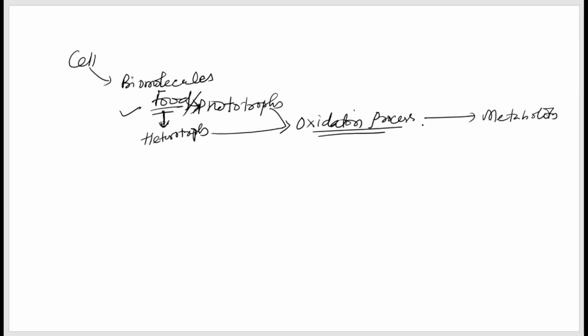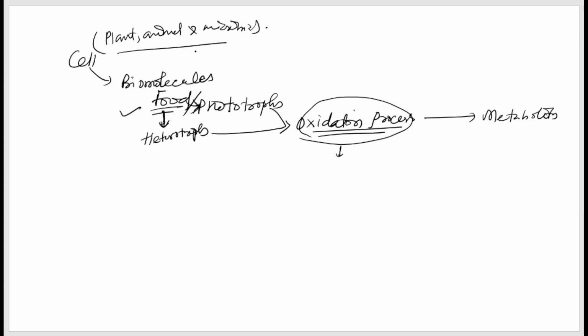This oxidation process has a number of reactions and pathways in many different types of cell. It may be a plant cell, an animal cell, or a microbial cell, whatever the scenario is.